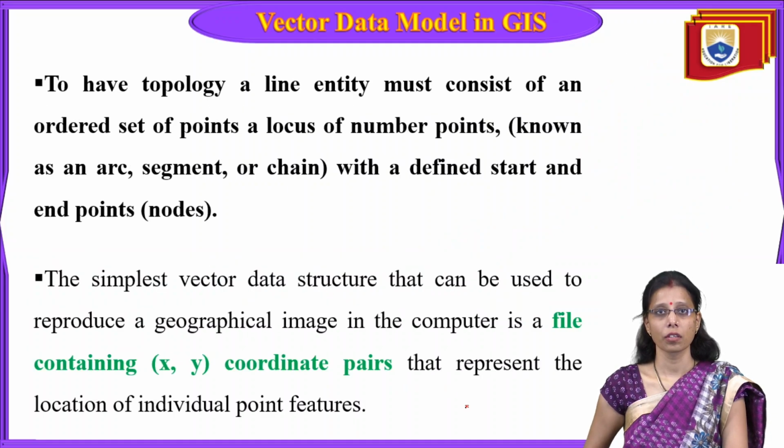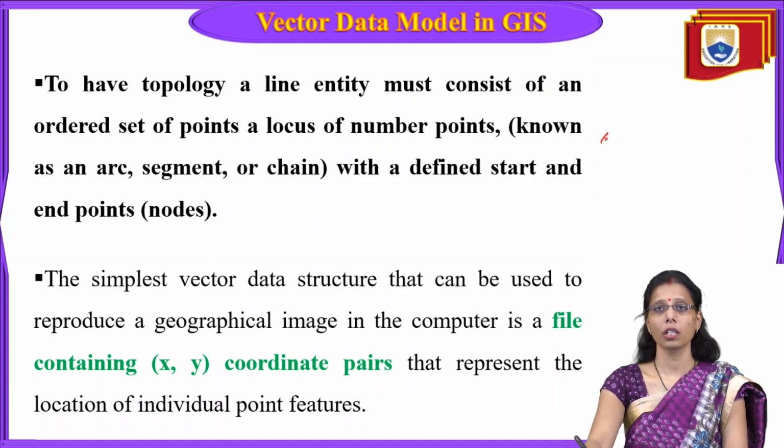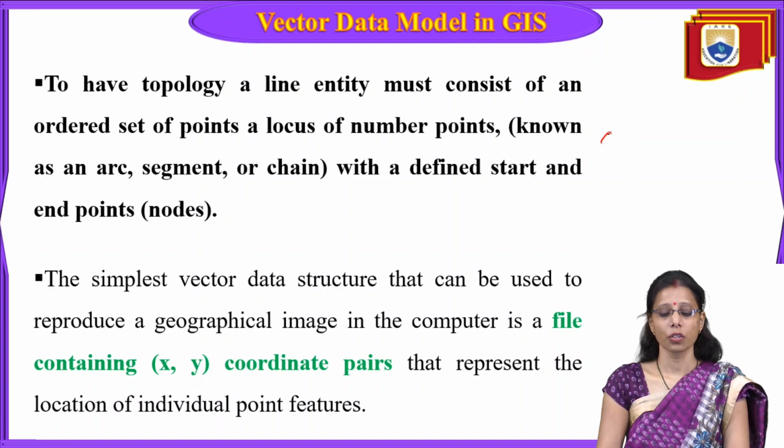Topology means correcting all the errors that may be present in the point, line and polygon. To have topology, a line entity must consist of an ordered set of points, a locus of points known as an arc, segment or chain, with defined start and end points and nodes.